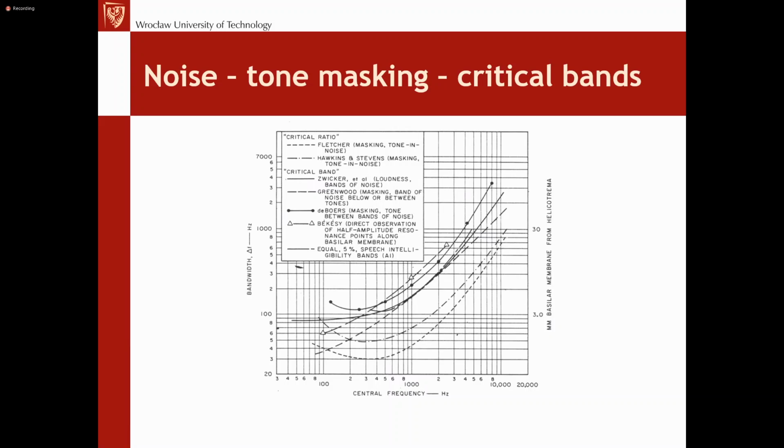So you can see in these pictures that the bandwidth of the masking signals, masking noise, is different depending on the authors who made the experiments, but the character is almost the same.